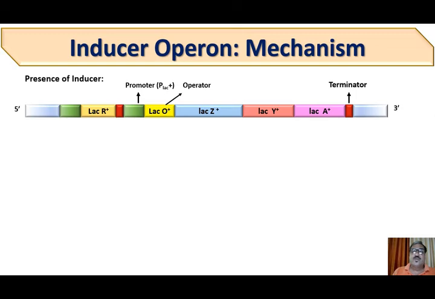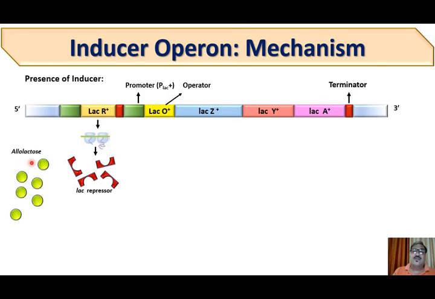So the lac repressor gene first synthesizes the repressor protein, and if the inducers are present, that is when the medium is rich in lactose, the lactose acts as an inducer, and the natural inducer is allolactose, a metabolite of lactose. Now each subunit of repressor has one binding site for inducer.